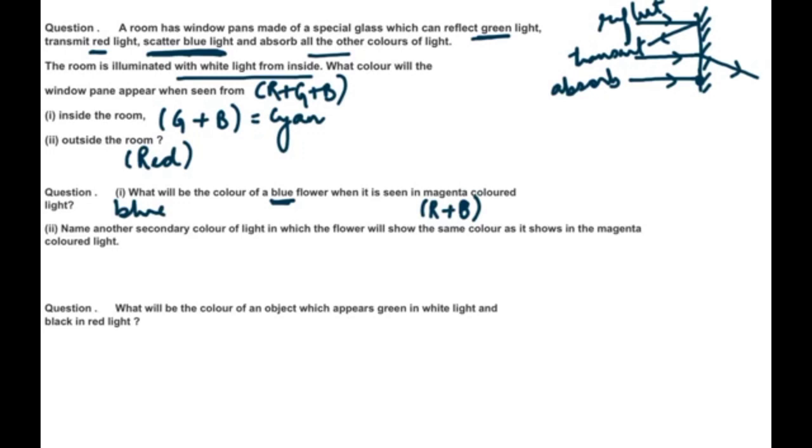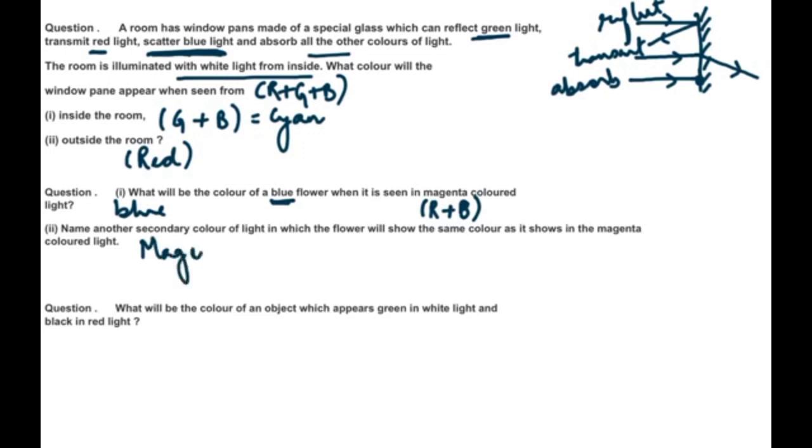See the next part. Name another secondary color of light in which the flower will show the same color as it shows in the magenta colored light. What is the meaning of this question? This means we want to see the flower as blue only. Okay, but we want to give it some other light. Now let's see what all secondary colors are having blue.